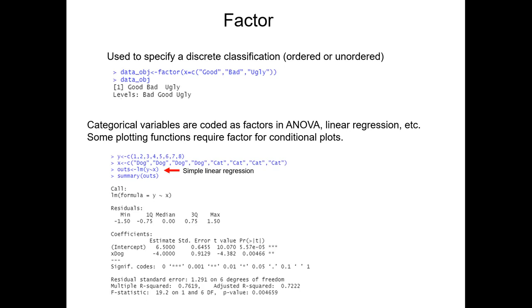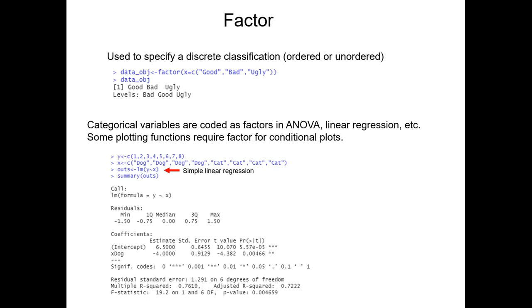In the example below, I'm just showing how you could use that within a linear regression function. Usually, if you don't create it using the factor function, a lot of the functions, like the lm function for doing linear regression, will convert character names automatically into categorical factors.